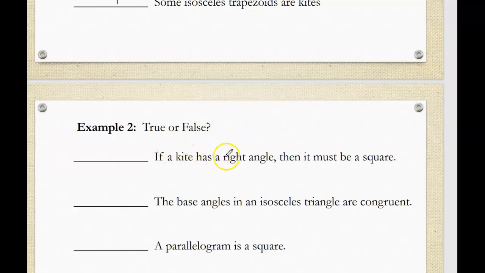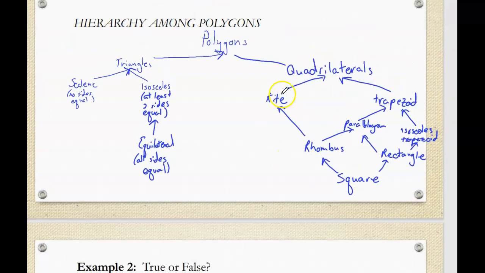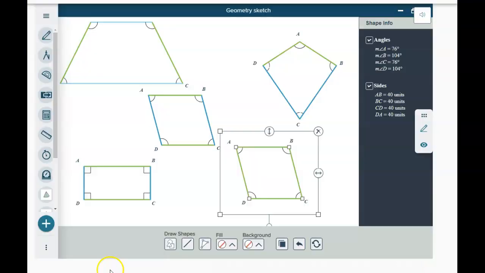If a kite has a right angle, then it must be a square. Okay, so a kite. If it has a right angle, let's go back over here.